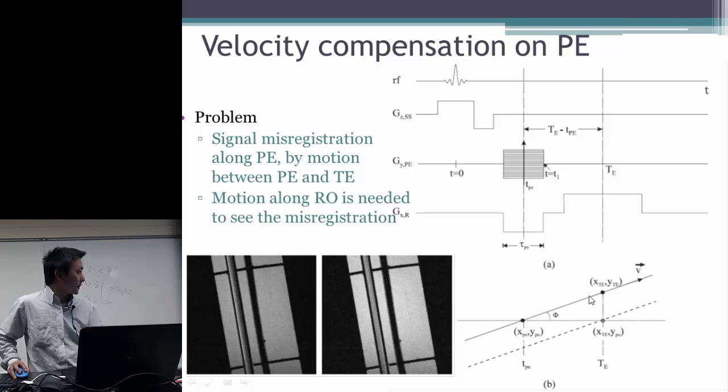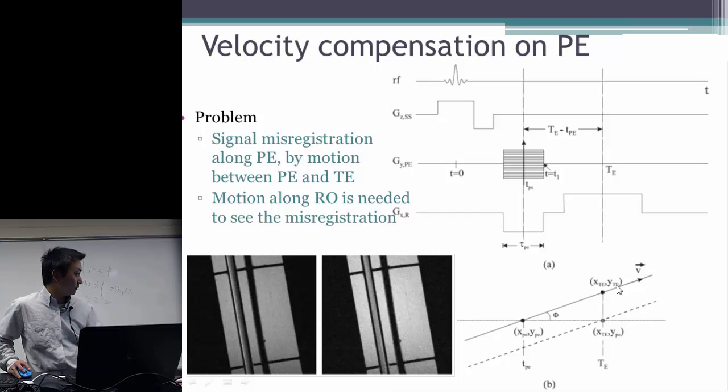So when we do the reconstruction, since it is the Fourier transform, as long as everything is the same, basically we can say that in terms of the phase encoding information, this spin will have the same as this one.